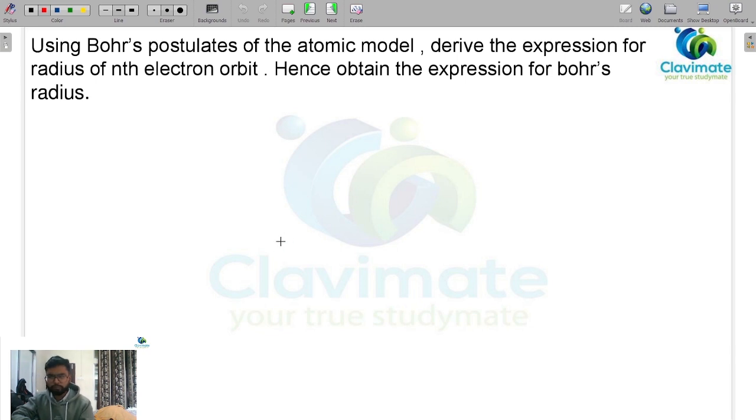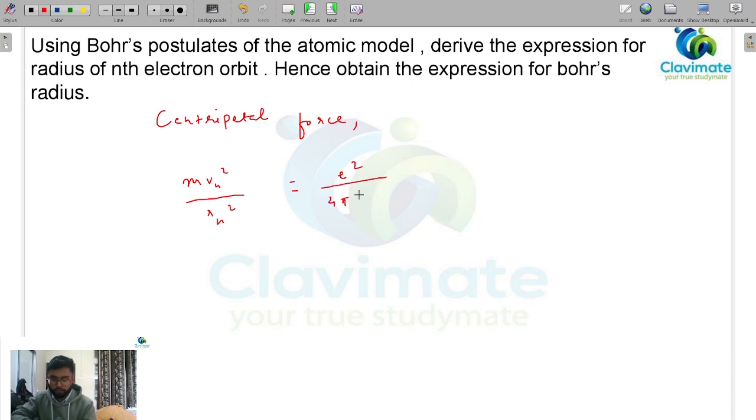So centripetal force is provided by the electrostatic force of attraction, which can be given as m vn square by rn is equal to e square by 4 pi epsilon naught rn square.